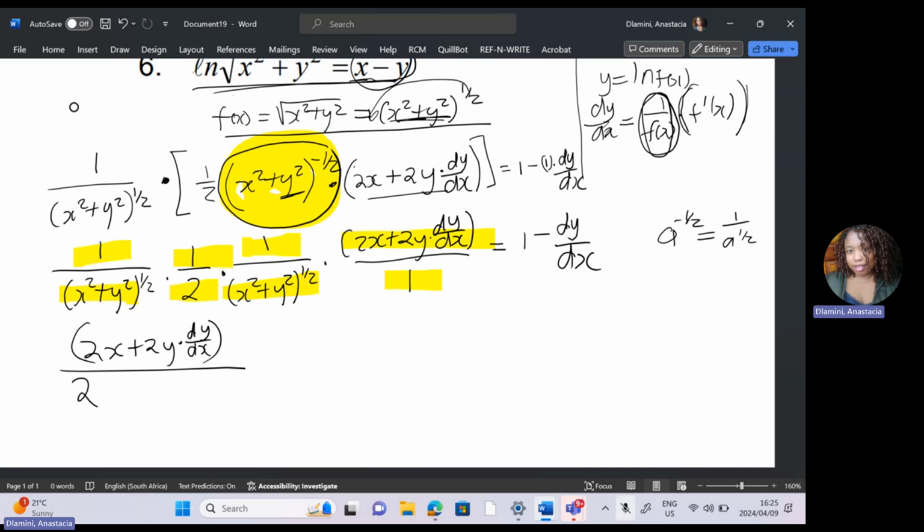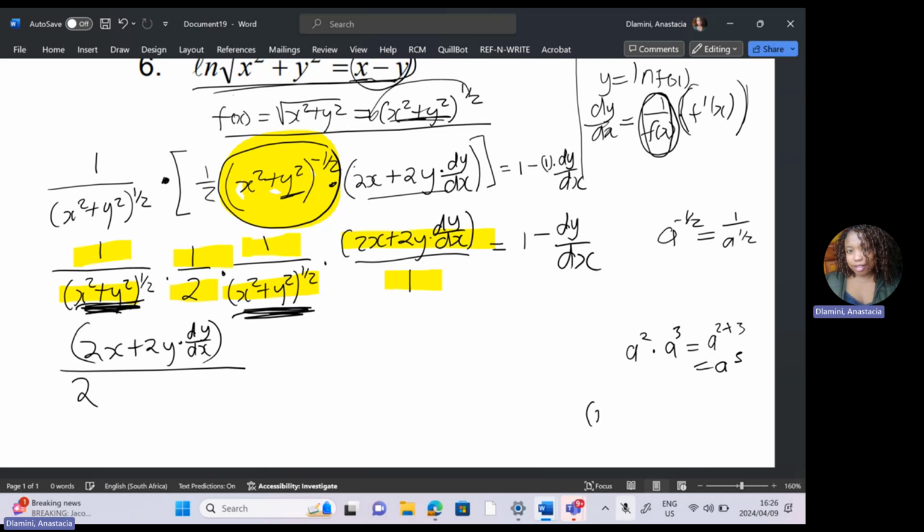Now note something. Remember when we had a to the power of 2 times a to the power of 3, we said, according to the exponential laws, same bases, if we are multiplying, we add the exponents. So 2 plus 3, this is a to the power of 5. Meaning that now we are multiplying this term over here and that term over there.